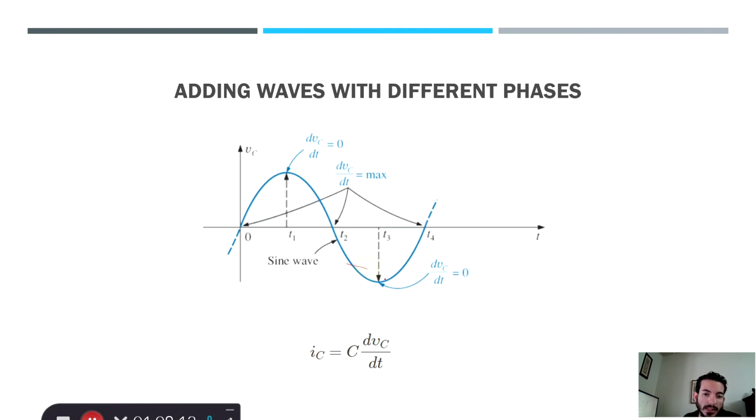And it's pretty interesting that in a circuit, the derivative of the voltage times a constant, not any constant, but a pretty important constant, will give you its current. The constant we're talking about, C, comes from the capacitance, which we'll see in a few moments how to use in a circuit.